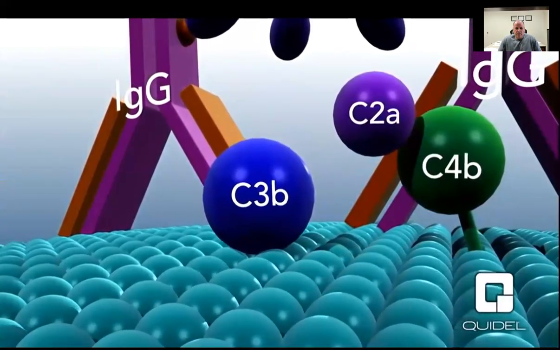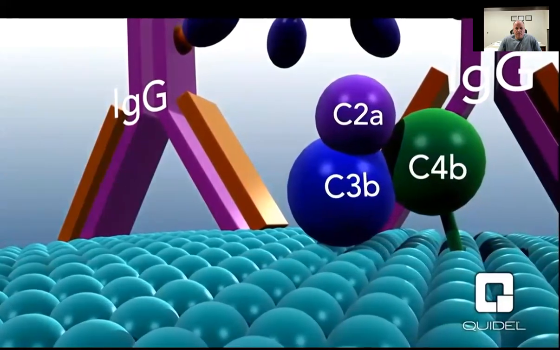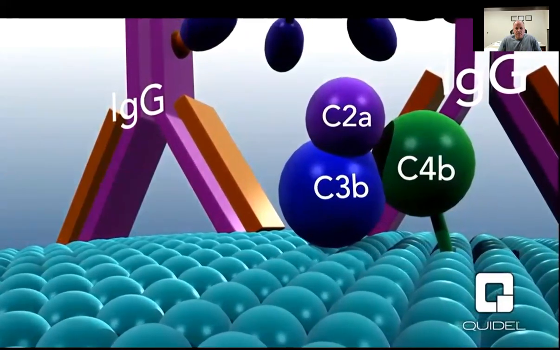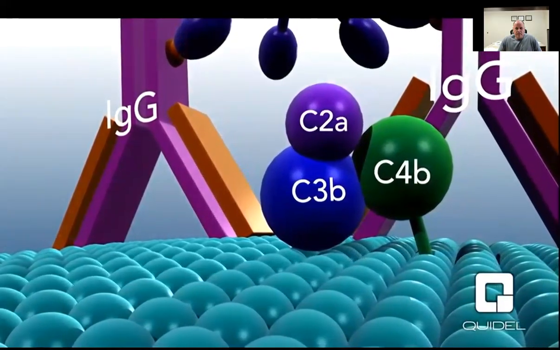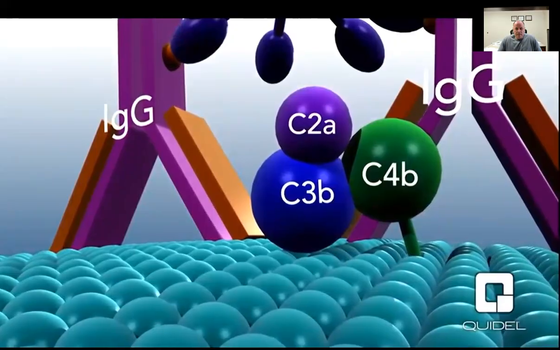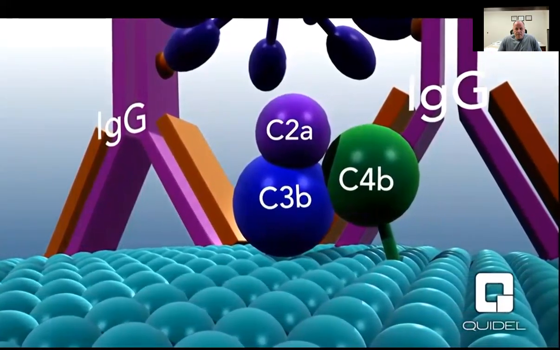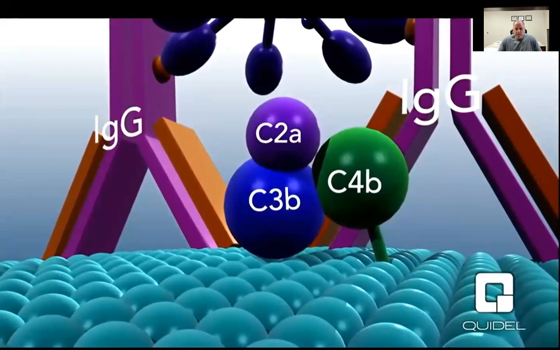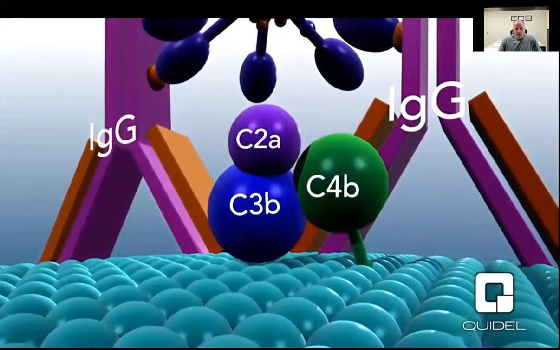The C3a fragment has potent biological activities, which will be discussed shortly. The C3b fragment can covalently attach to the C3 convertase, resulting in a trimolecular complex consisting of C4b, 2a, 3b. This multimolecular complex is called the C5 convertase of the classical pathway and is specific for cleaving C5.